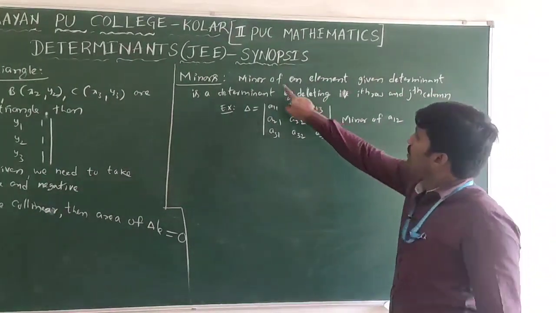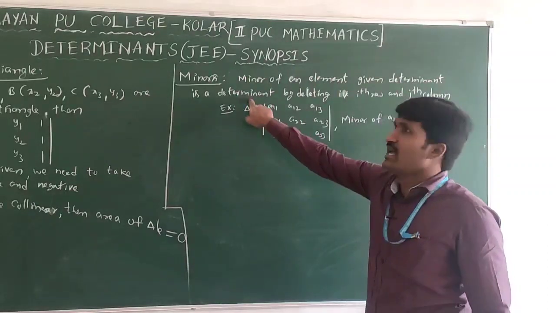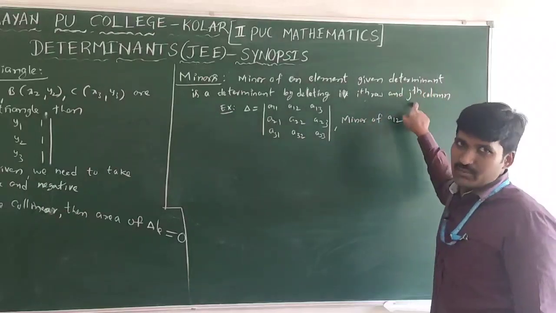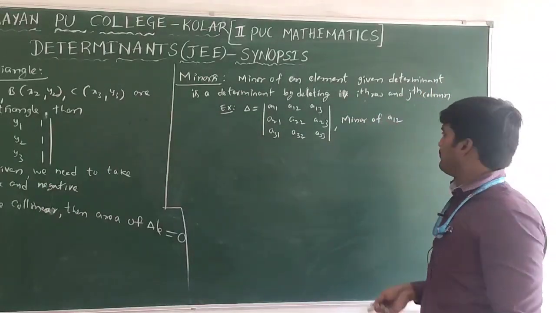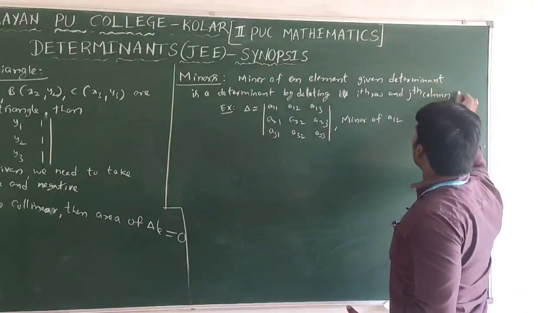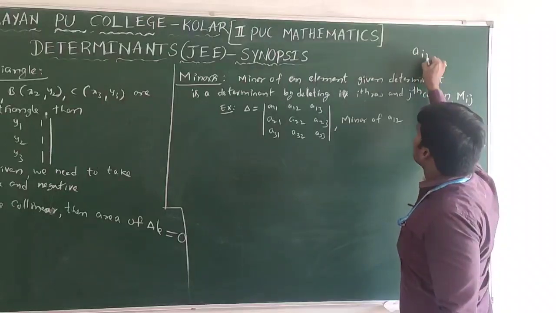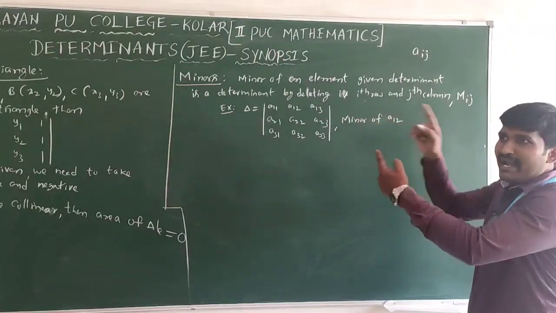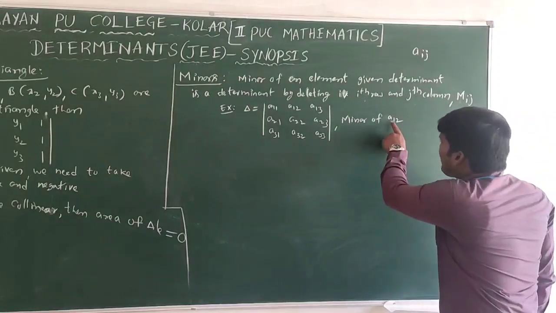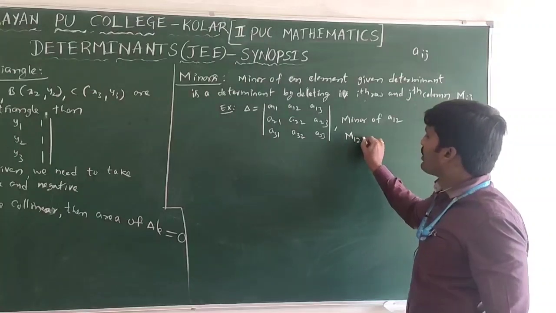Minor of an element of a given determinant is a determinant by deleting its ith row and jth column. Minor of any element is denoted by capital Mij. Aij is an element means its minor is denoted by capital Mij. Here the element is small a12, and its minor is denoted by capital M12.